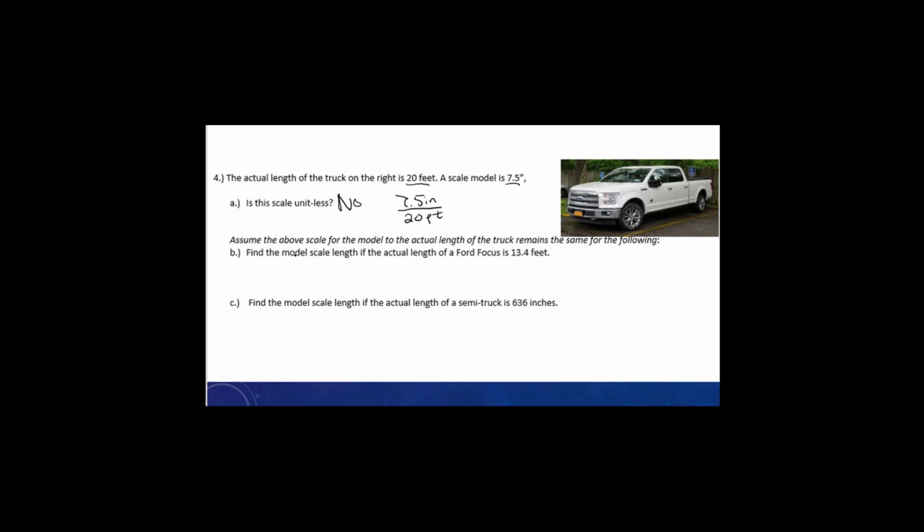Find the model scale if the actual length of a Ford Focus is 13.4 feet. So this is scale to actual. Just be careful that way. So I have 7.5 inches to 20 feet is the scale model, and I didn't do anything with it.